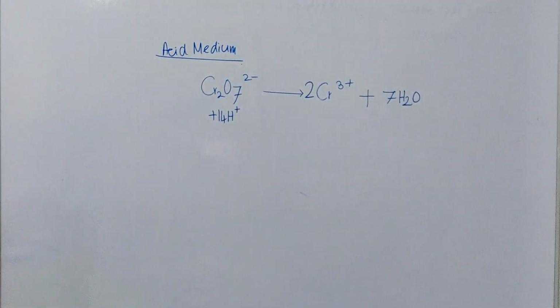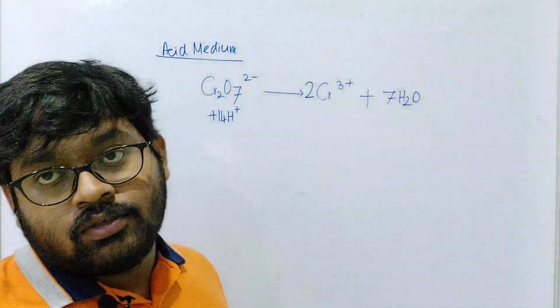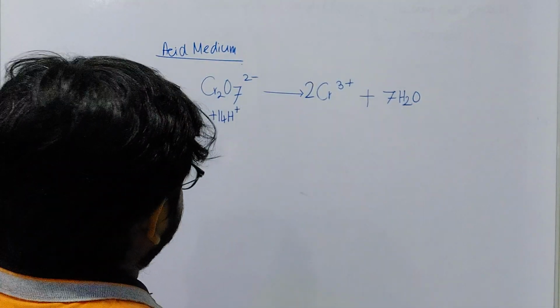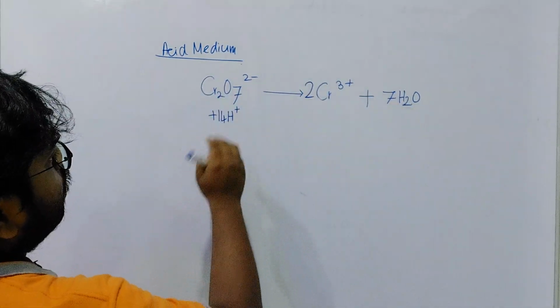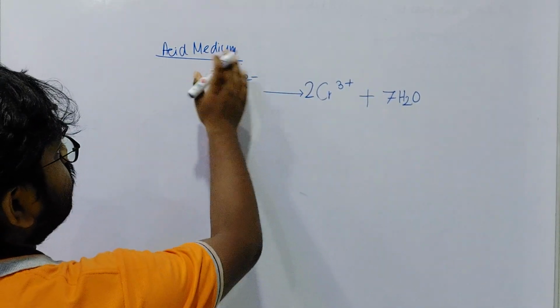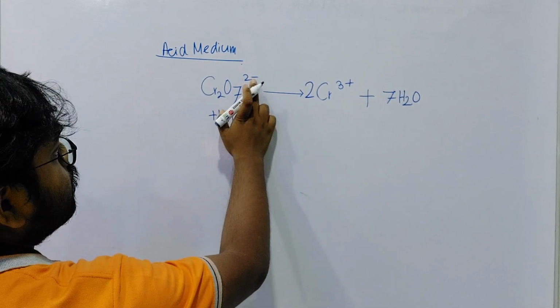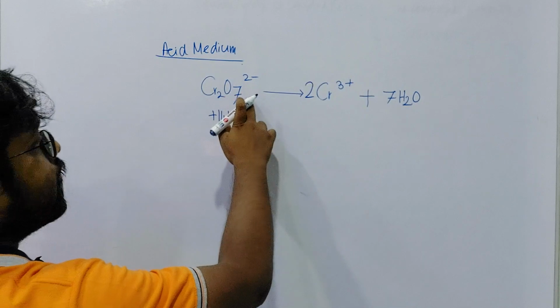All right, now we need to balance the charge. This is very interesting and very important. Now just see on the left hand side, your focus will be on the left hand side. There is 2 negative charge on the dichromate anion.